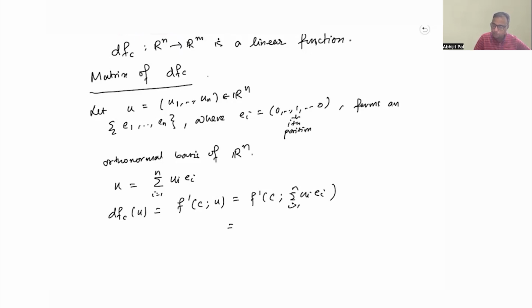This f prime c is a linear function. Therefore what you have here is summation i equal to 1 to n ui f prime c ei. This f prime c ei is the ith partial derivative of f at the point c.